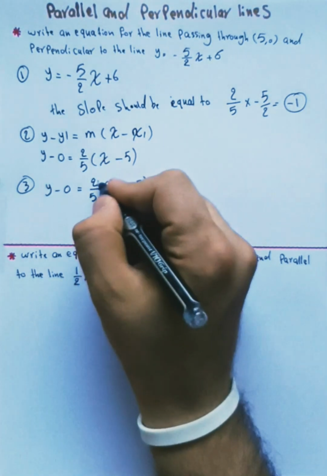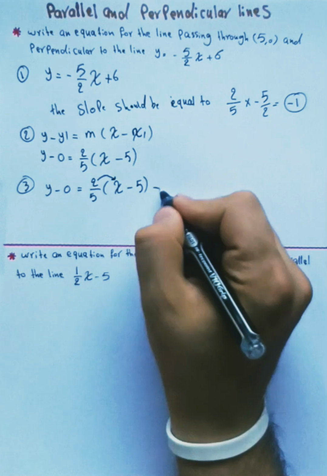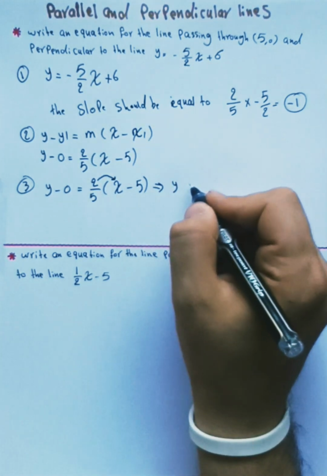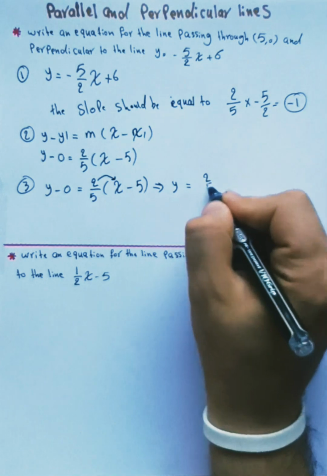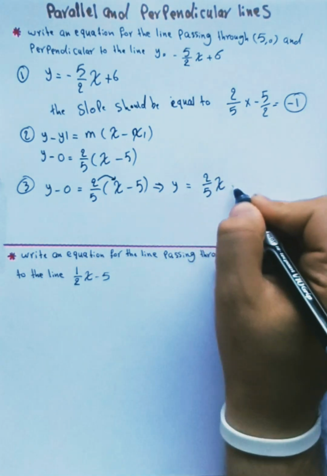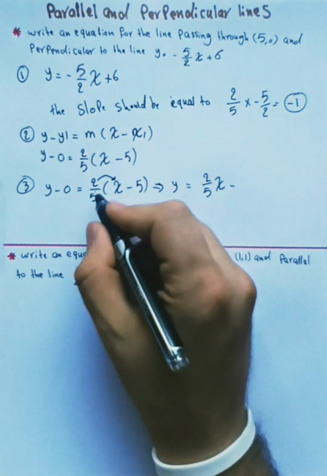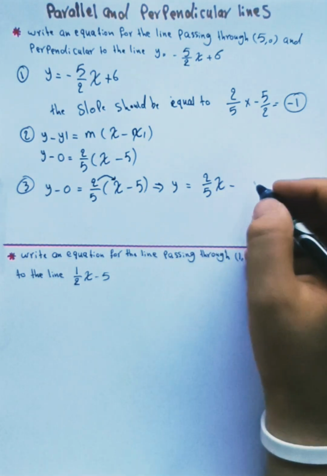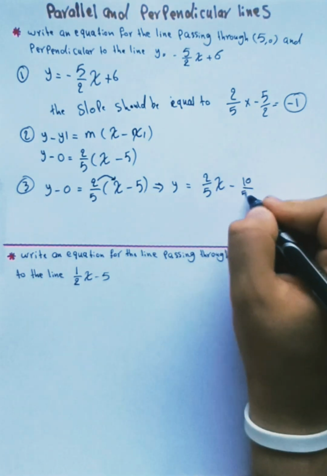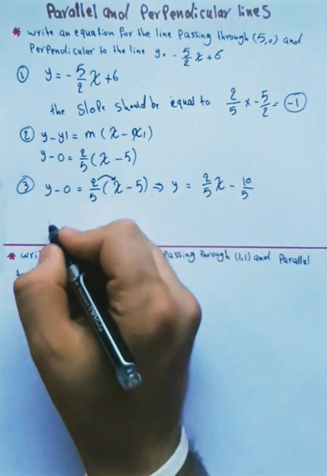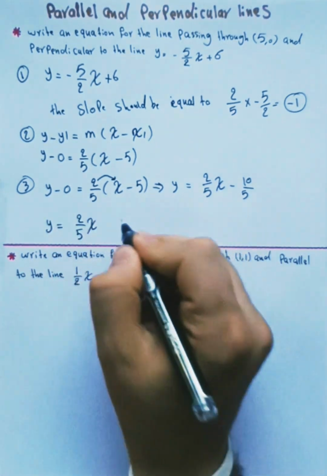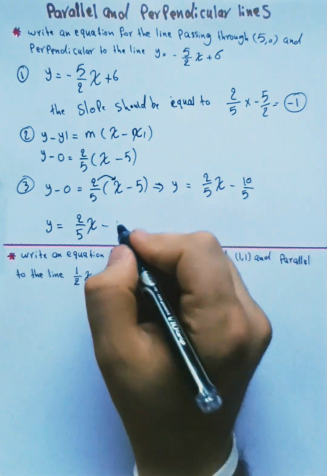We have to multiply 2 out of 5 into the parentheses, so y equal to 2 out of 5x minus 2 out of 5 times 5 equal to 10 out of 5, and then we can divide, y equal to 2 out of 5x minus 2.